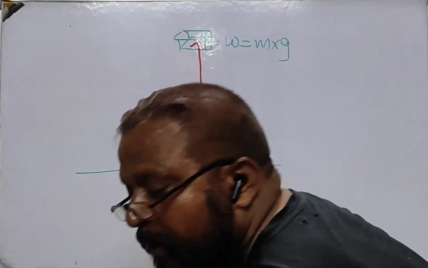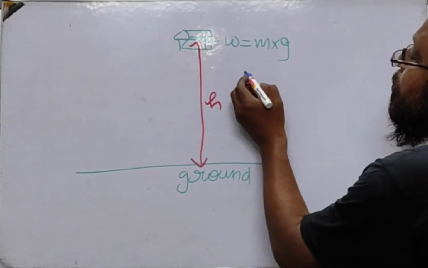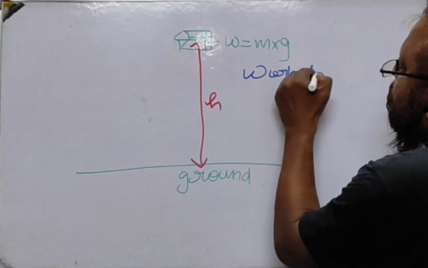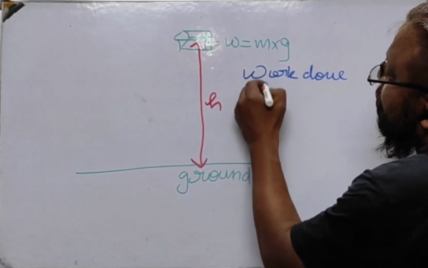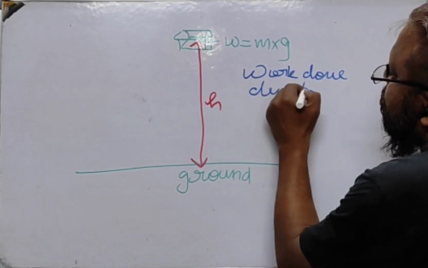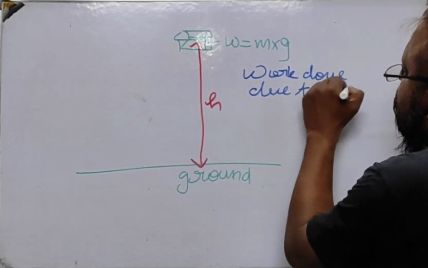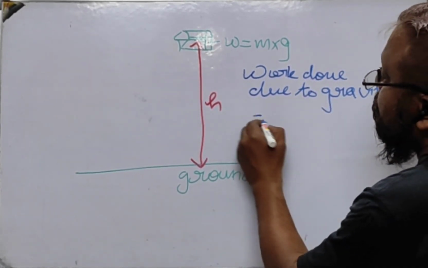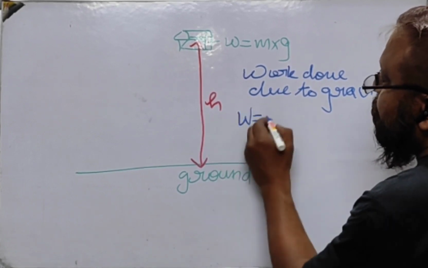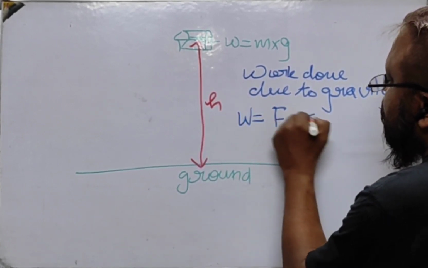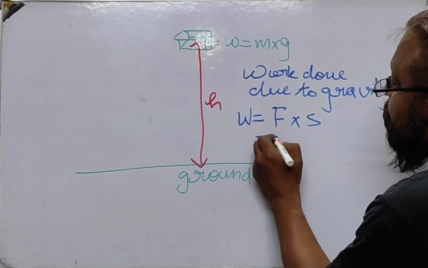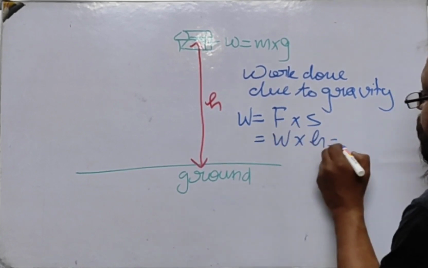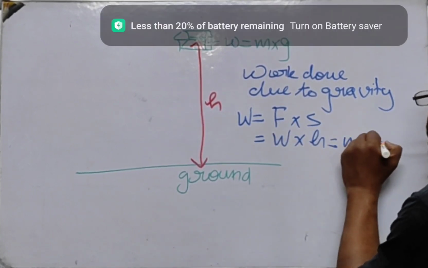So work done due to gravity is equal to W is equal to F into S. F is equal to weight into H. Weight is equal to mgh, right?